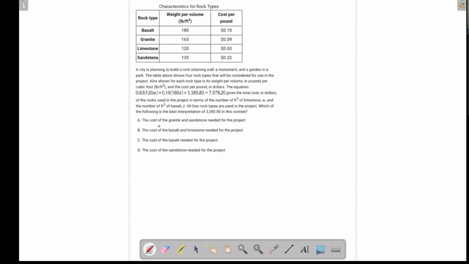The equation 0.03 times 120 W plus 0.18 times 180 Z plus 3,385.8 is equal to 6,576.2 gives a total cost in dollars of the rocks used in the project in terms of the number of cubic feet of limestone W and the number of cubic feet of basalt Z, and all 4 rock types are used in the project. Which of the following is the best interpretation of the 3,385.8 in this context?